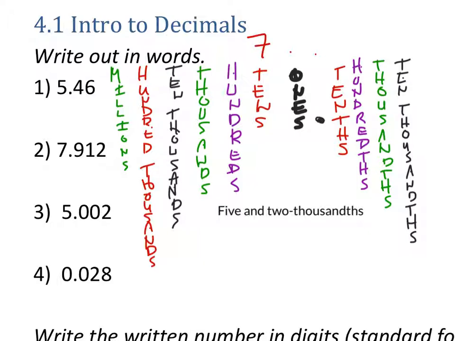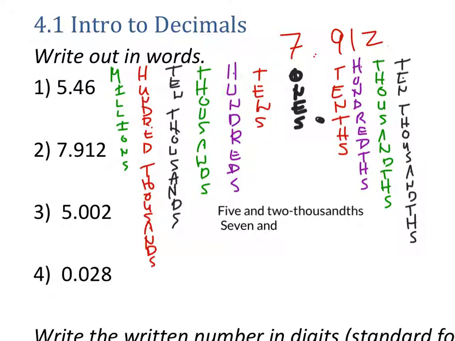7.912. So this one also will go to the thousandths, but now we've got 7. So 7, and again, that's where the decimal is. Now we acknowledge this one as 912, and that's how many thousandths.